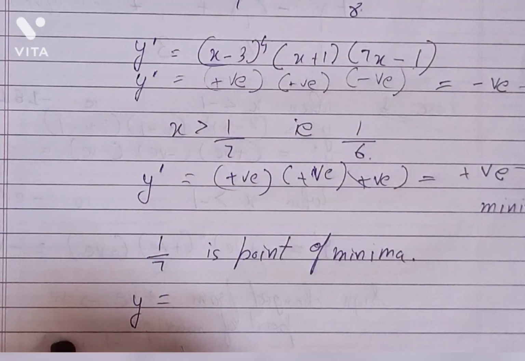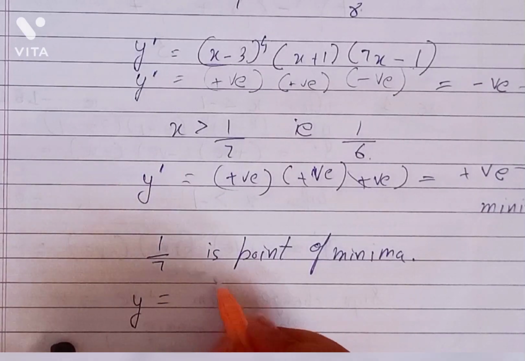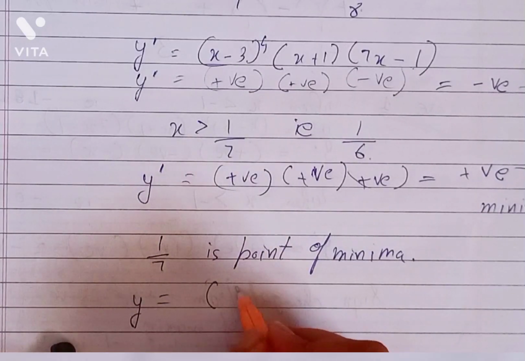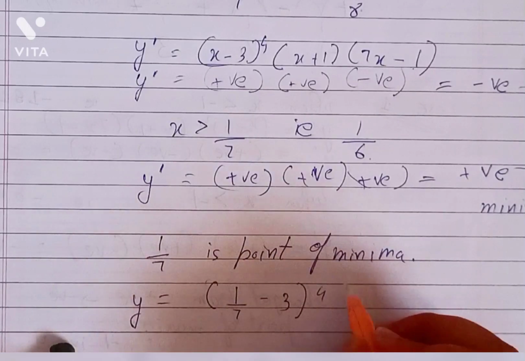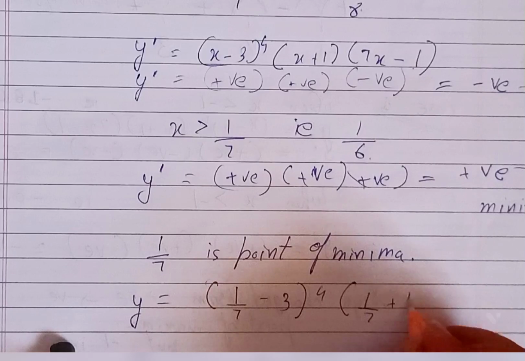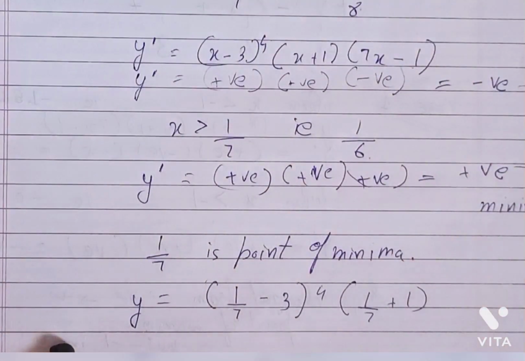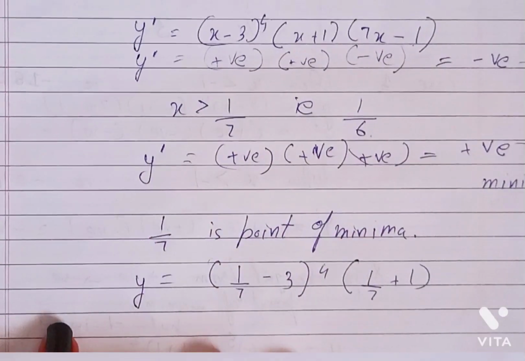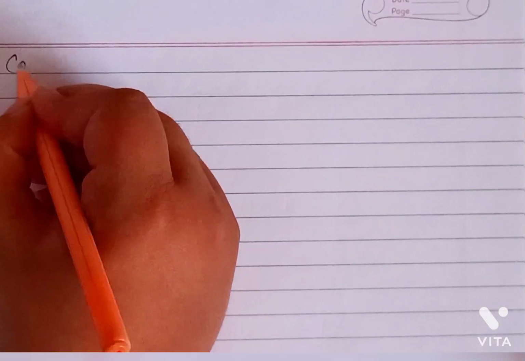Keeping that value, it would be (1/7 minus 3) to the power 4 into (1/7 plus 1). So solving this, you'll get the answer. Now let me show you the next case. Case 3.